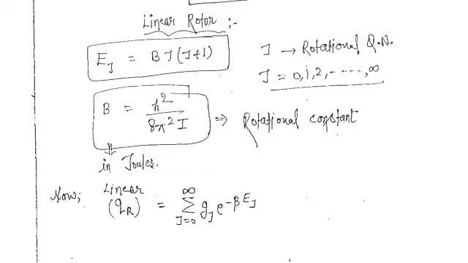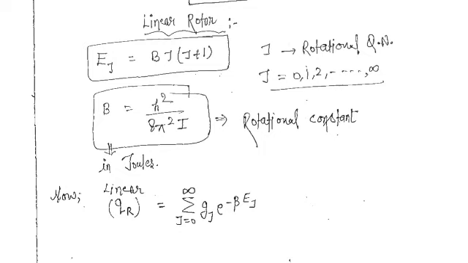If you want to convert to centimeter inverse, because most values in the exam are in centimeter inverse, you just have to divide the energy in joules by hc times 10 to the power 2.